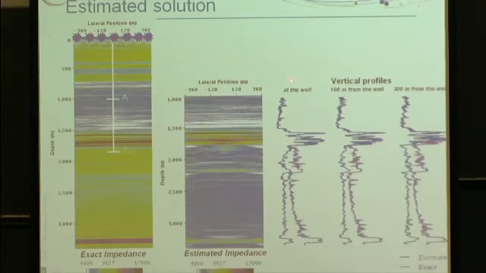In the upper target zone, the zone covered by the receivers, the impedance distribution is retrieved with very high accuracy. Of course, you see a small degradation when you move away from the well. In this zone the resolution is governed by the spacing between the receivers.